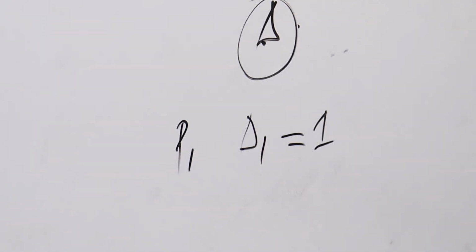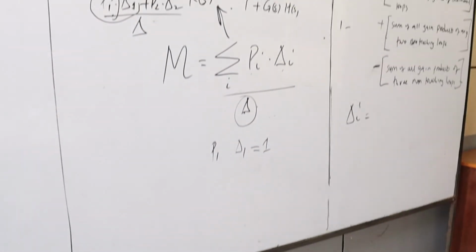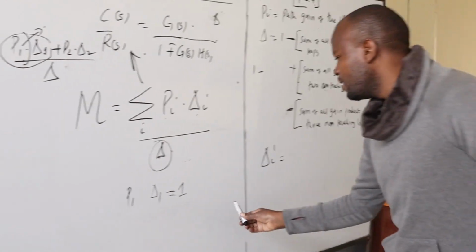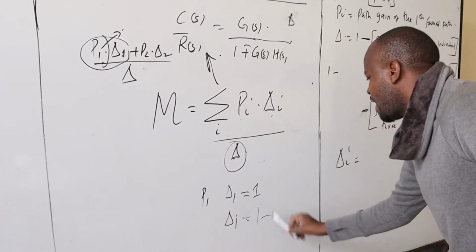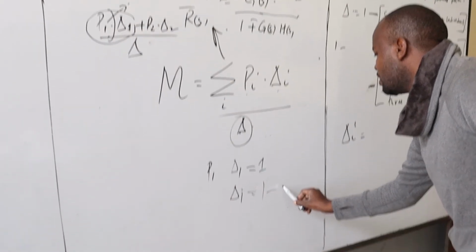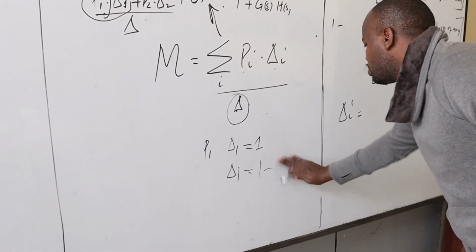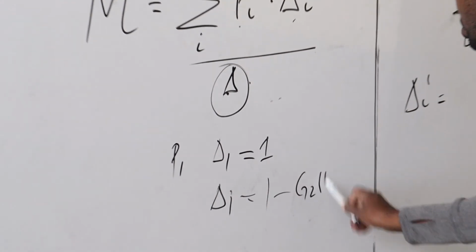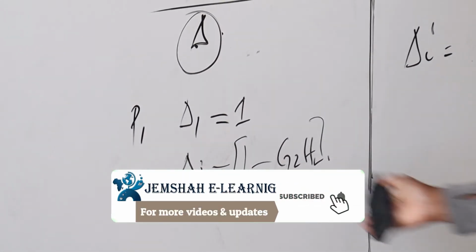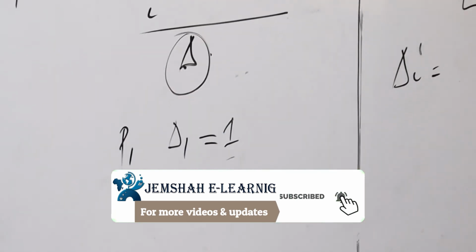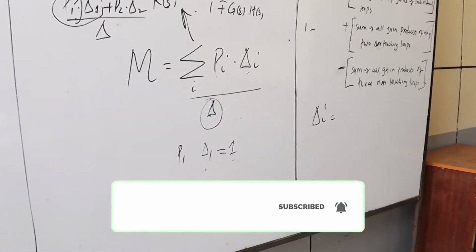But if in any case it doesn't touch a loop, then that value will be 1 minus that particular loop. Maybe it does not touch G2, H2. That is just by illustration, but we'll see it better when we look at the example.